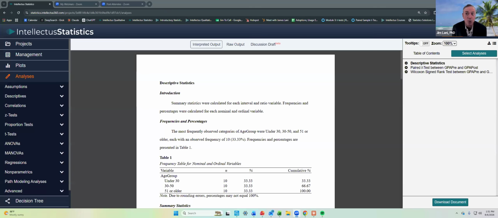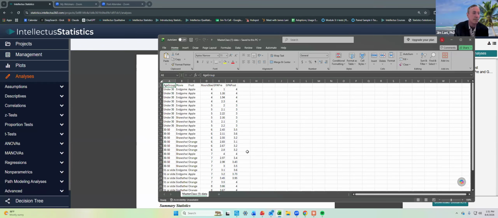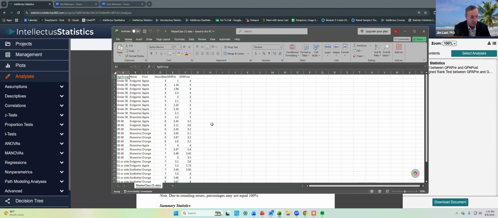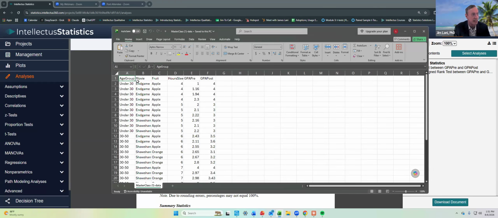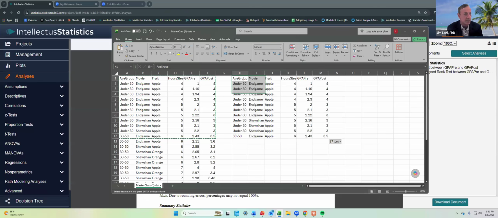So no. If you have subsets, you want them all on the same sheet, even though you may have different numbers in that cohort or in that group. Let's just say this was one subset, and the other subset has different variables.